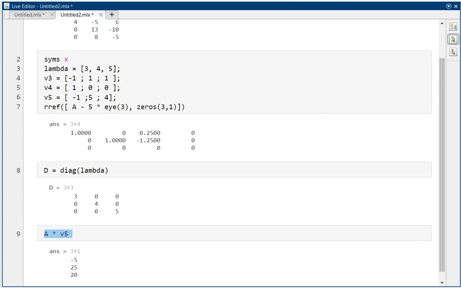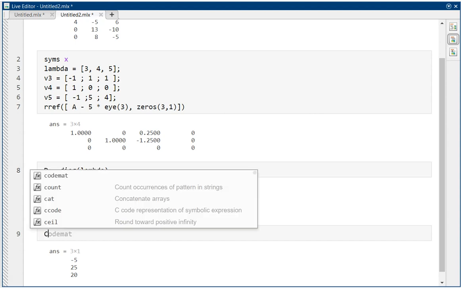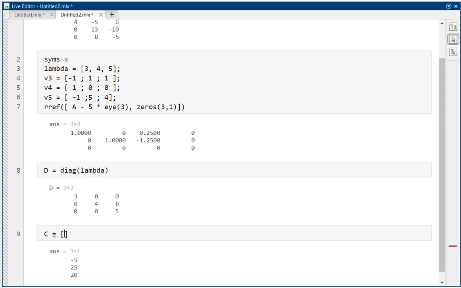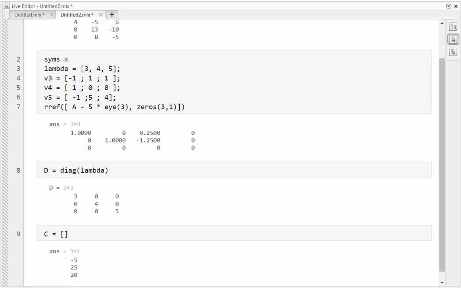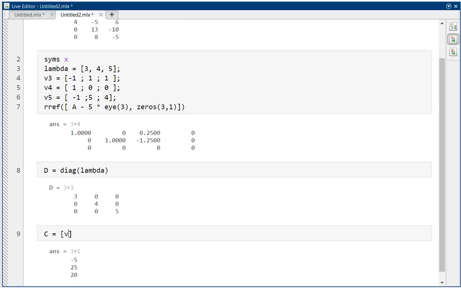And then let's use C, that's what the book uses. C is just a list of the eigenvectors, but they have to be in the same order, and that's one reason why I put them in the same order, with the subscripts matching the eigenvalues, so I can line them up properly. So what I'm supposed to be doing here is V3, comma, V4, comma, V5, and that'll be my C matrix.